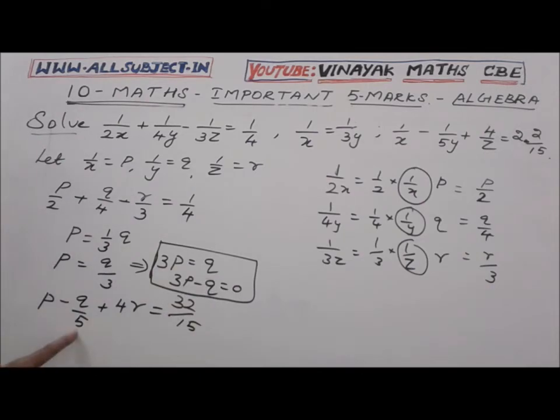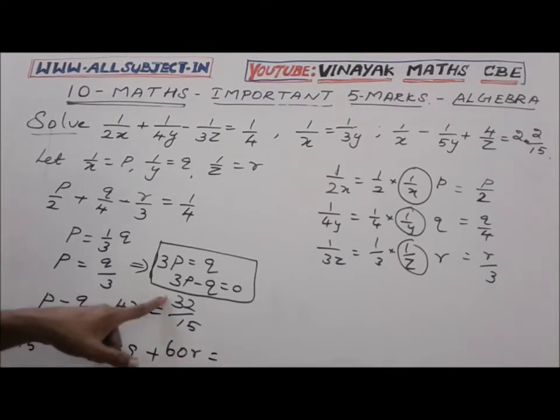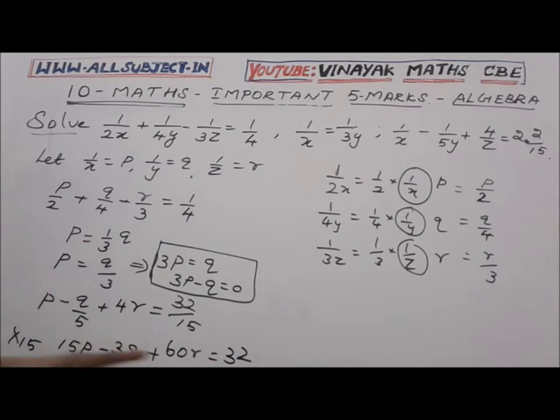And here multiplying by 15, we get 15p minus 15 by 5, that is 3q, plus 15 into 4, 60r, equal to 15 into 32 by 15, that is equal to 32. Here we have formed the equation number 3.